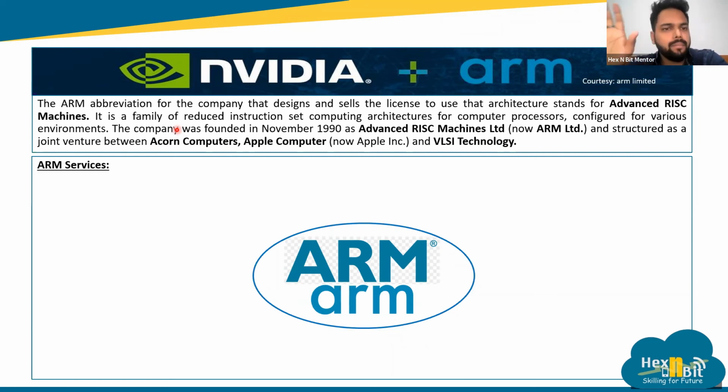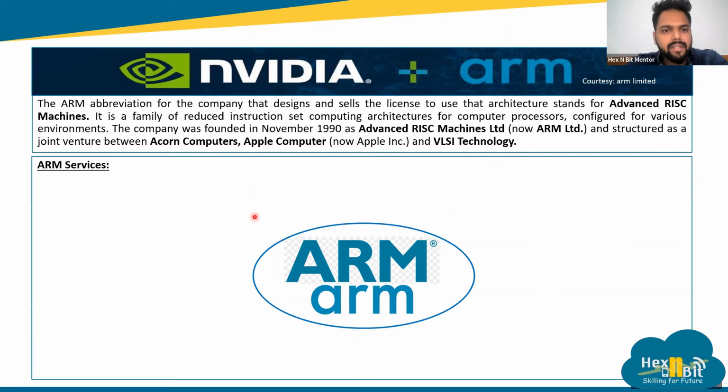ARM is not a processor or a controller. It's an architecture from which semiconductor companies take a license in order to create STM32 chips or any other chips. It was a joint venture between Acorn Computers, Apple, and VLSI Technology.